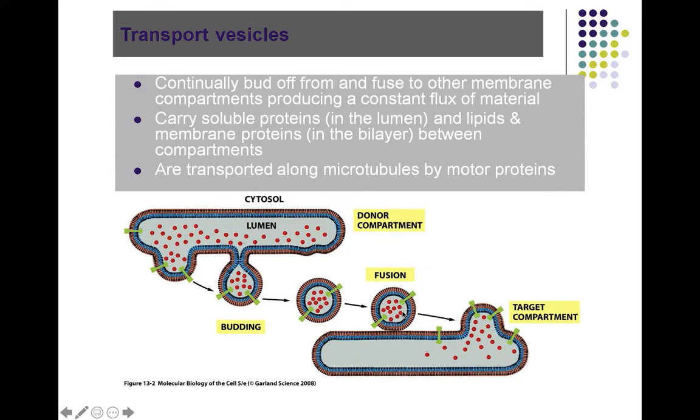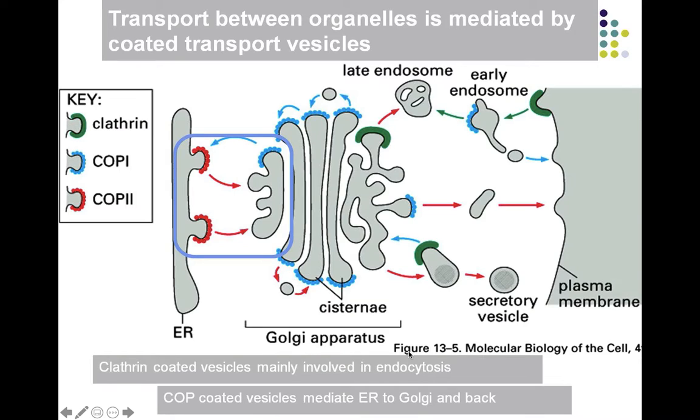The cargo protein within them will be released into the lumen of the target compartment. The transport between organelles as mediated by transport vesicles involves special proteins that coat the vesicle.